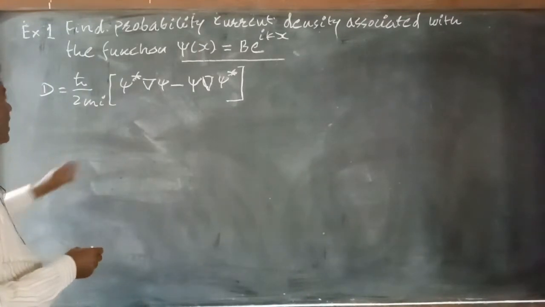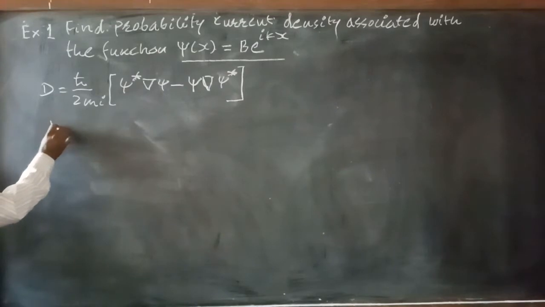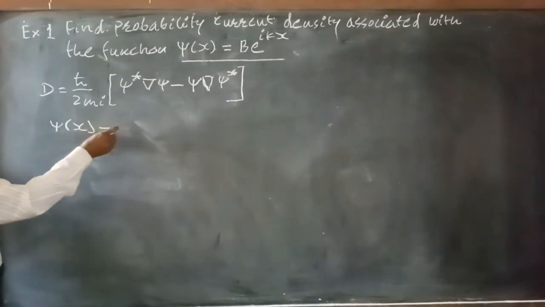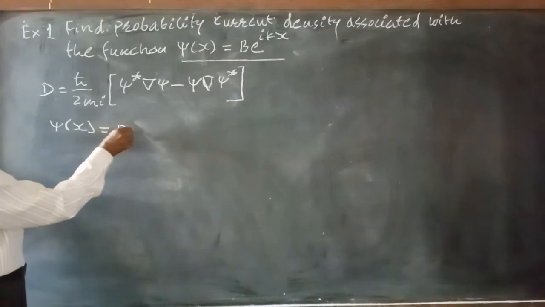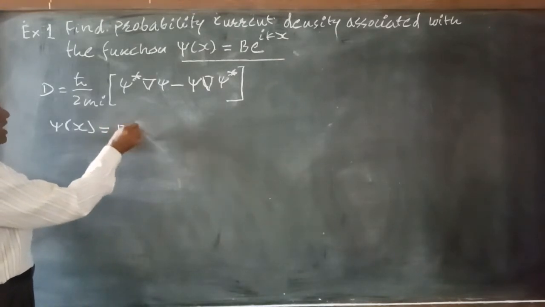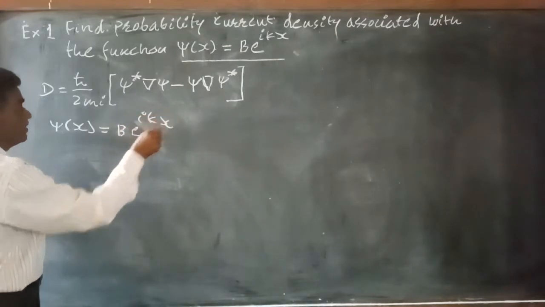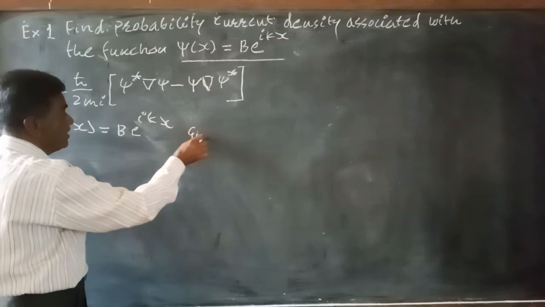We are given psi of x equals b into e to the power ikx, where b is a constant. This is the given quantity.